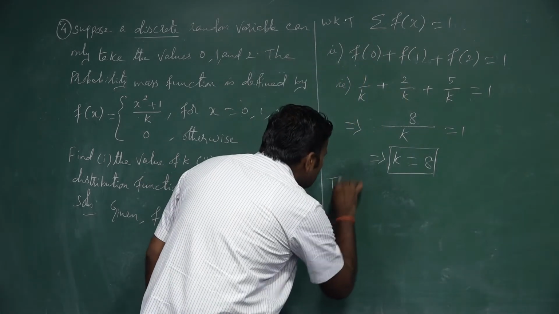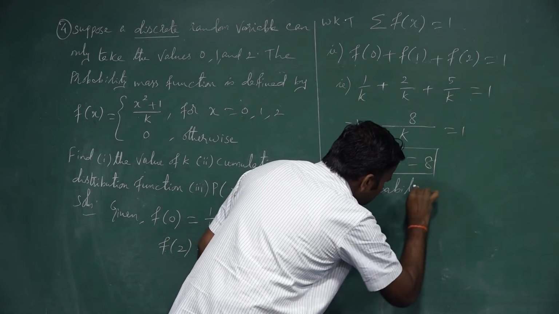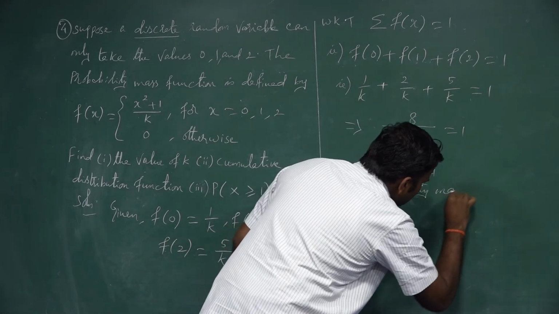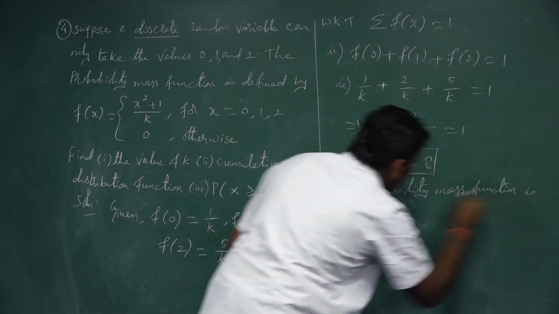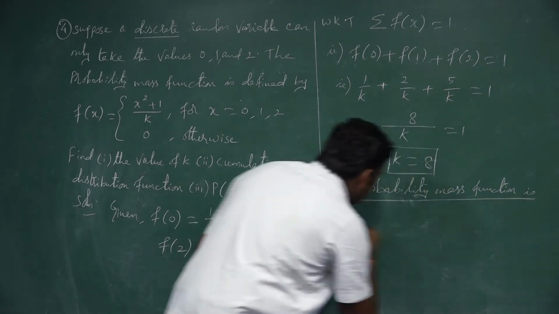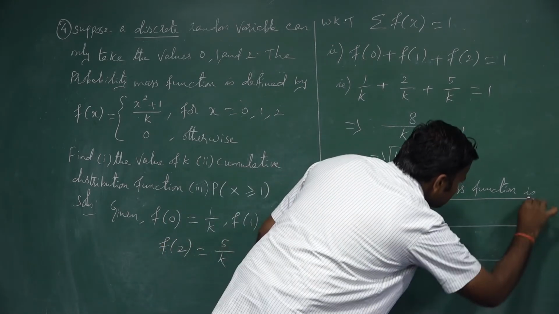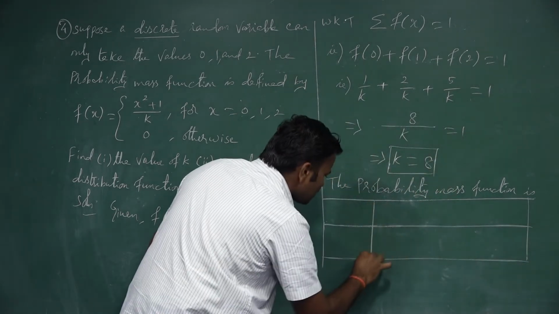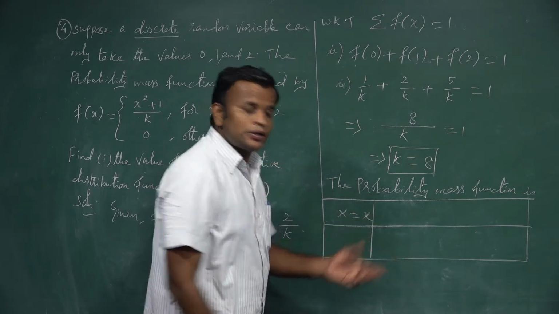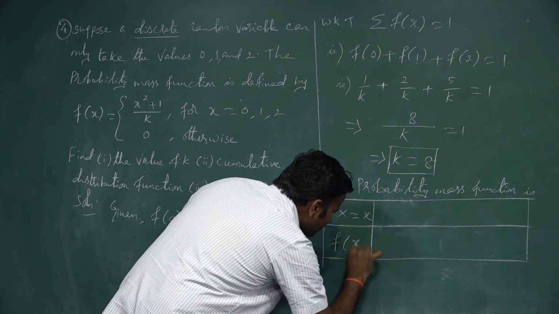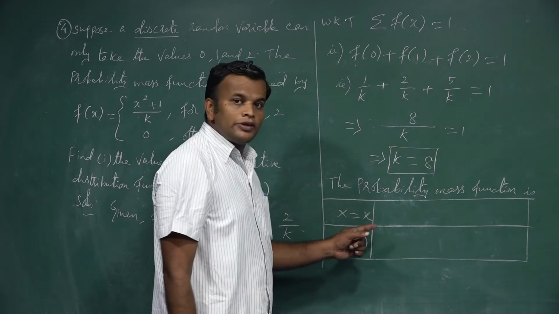Next we write the probability mass function table. For understanding purposes, first we write the probability mass function. In the first row, the values of x. The second row is the probability value, f of x. x contains how many values?